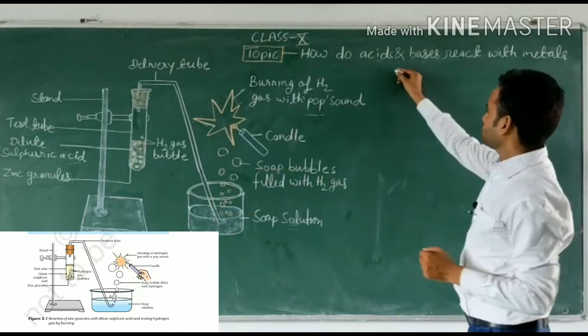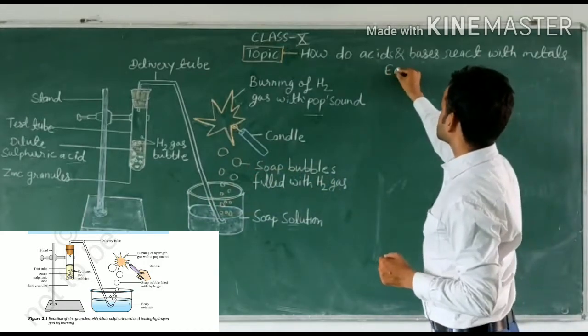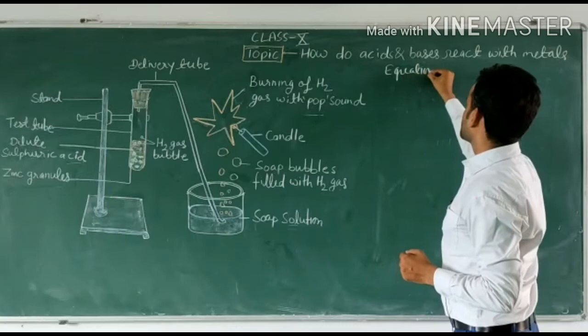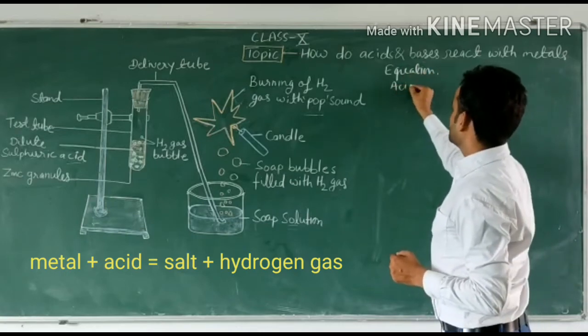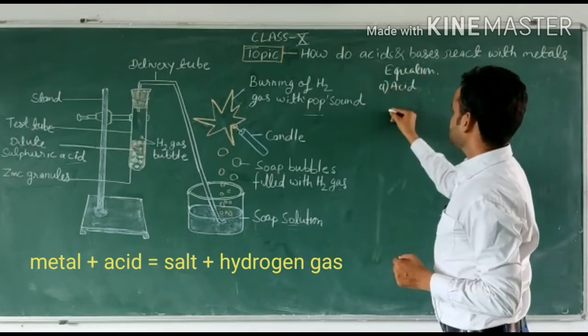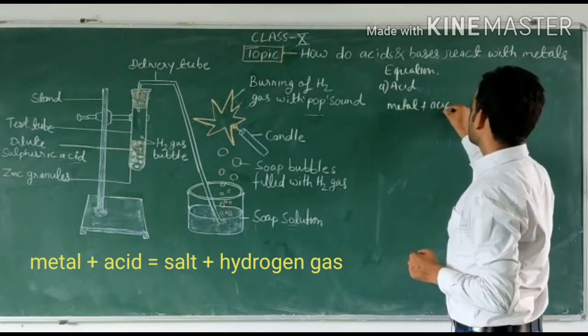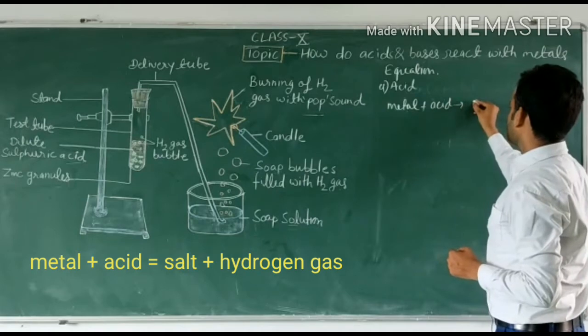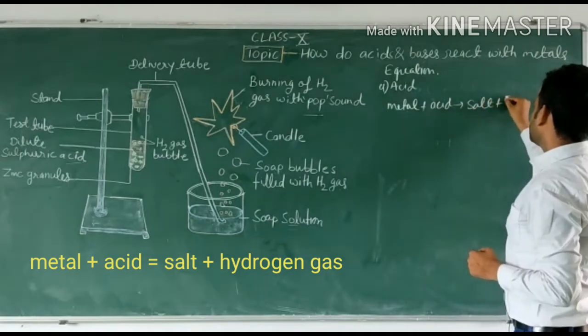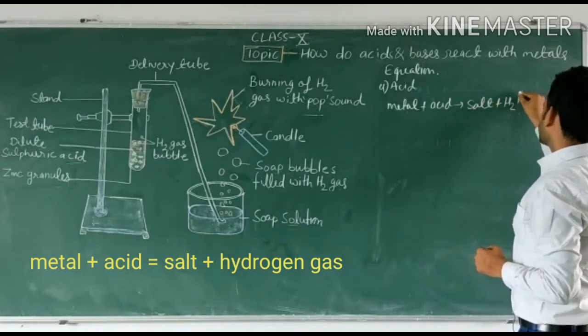So what would be the equation? In the case of acid, when metal reacts with acid, they form salt and hydrogen gas.